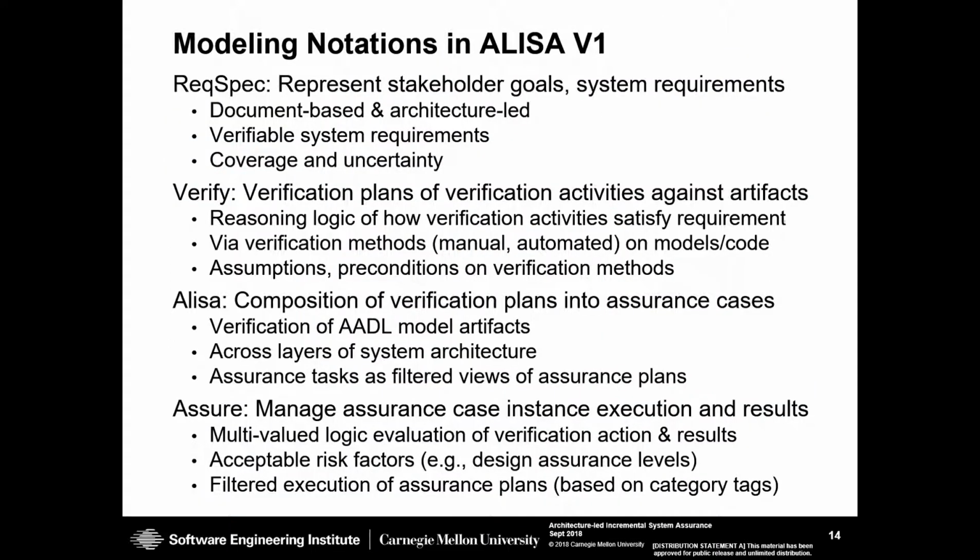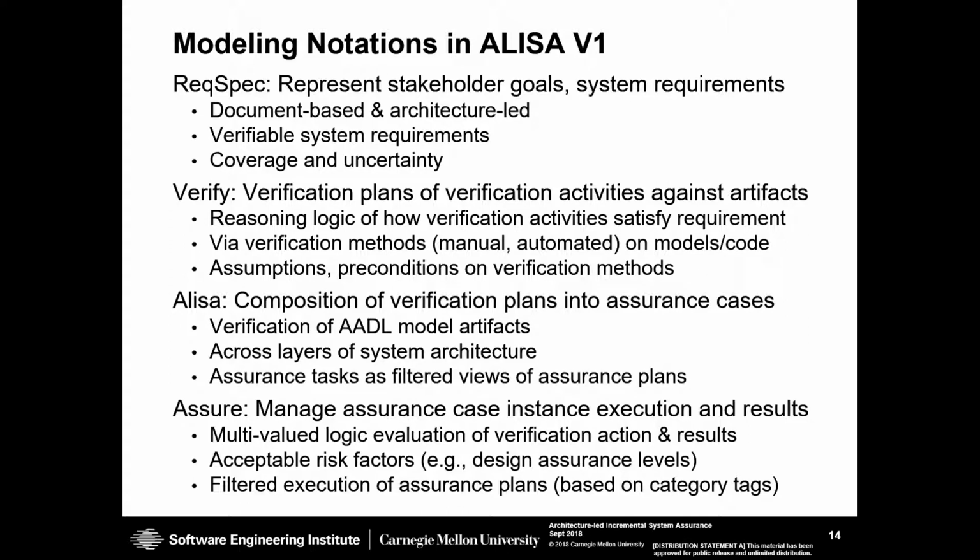So what are those notations doing? In kind of a summary, with ReqSpec, we can represent stakeholder goals with traceability to stakeholders, organize them in document-based format, or organize them around an architecture model if you already have captured one.